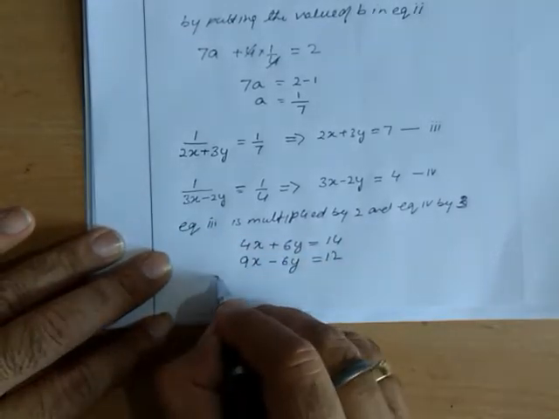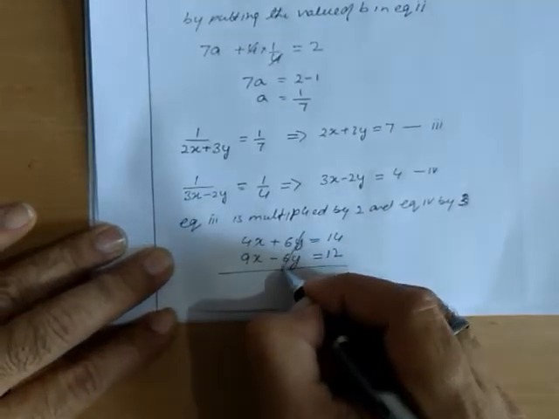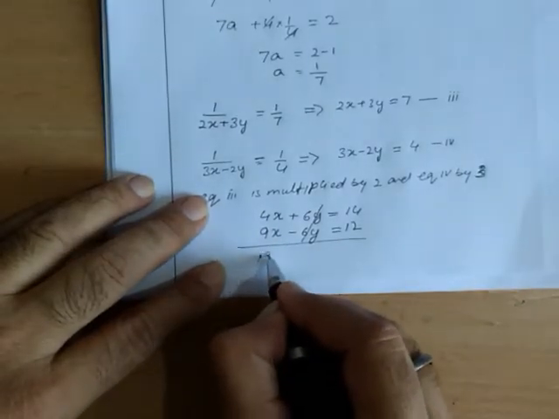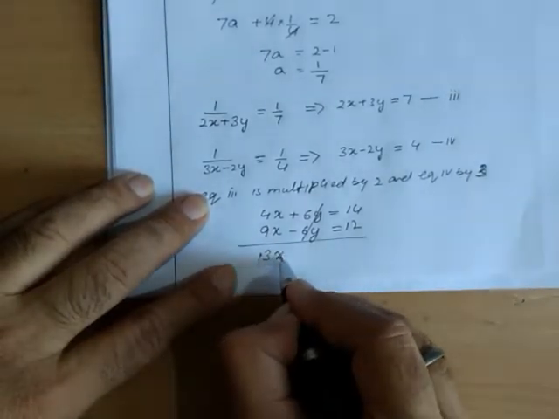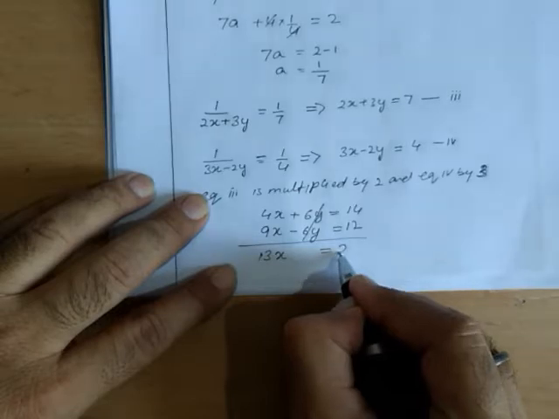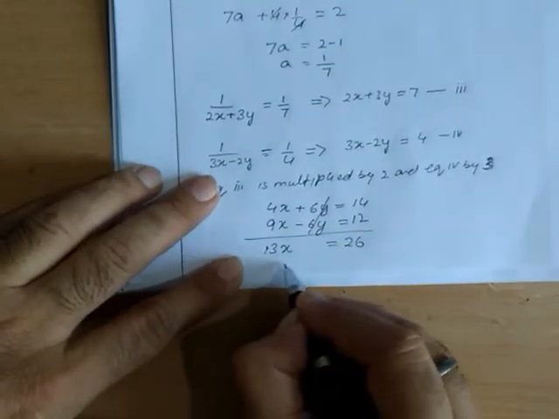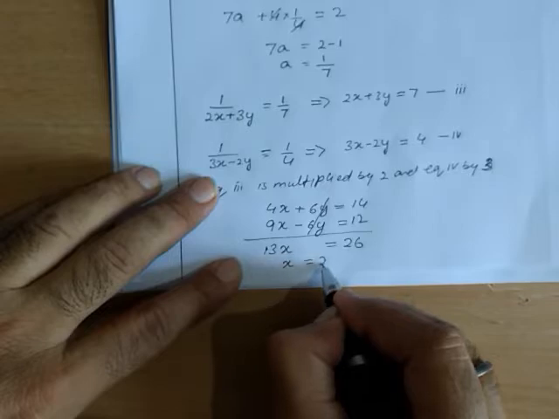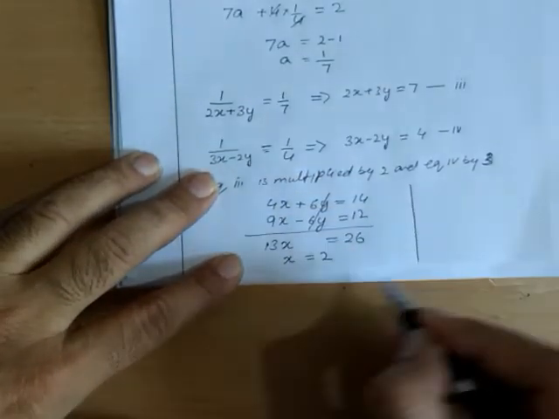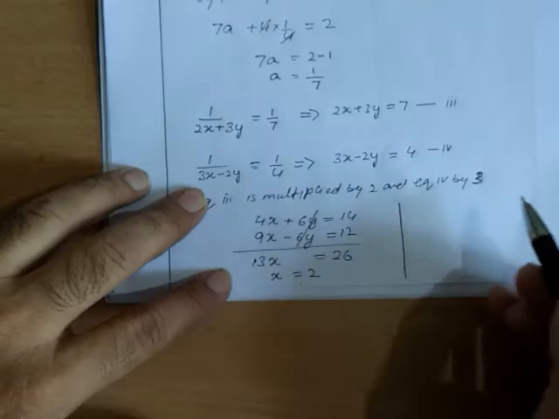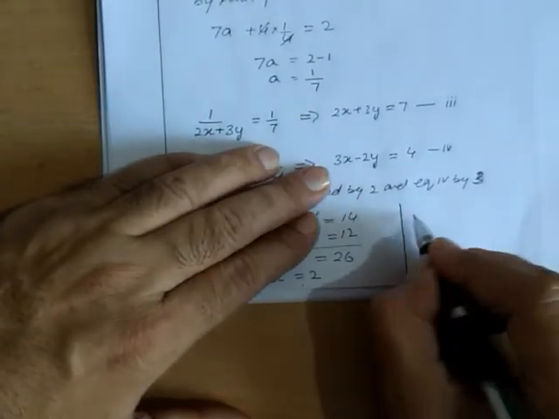When we add them up, y gets eliminated, and we have 13x is equal to 26, and when we solve it we get x is equal to 2. Then we place this value of x in either of the equations, so we are putting it in the second equation.